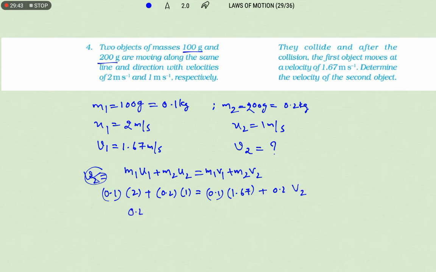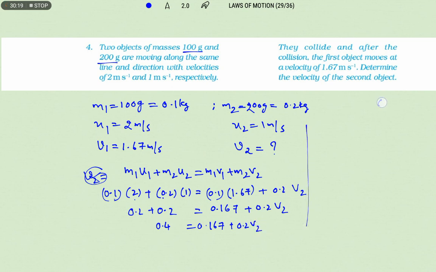So here it will be 0.167 plus 0.2 into V2. So m1 is 0.1 and its velocity is 2, right? m2 is 0.2, its velocity is 1, right? So 0.4 equals 0.167 plus 0.2 V2.